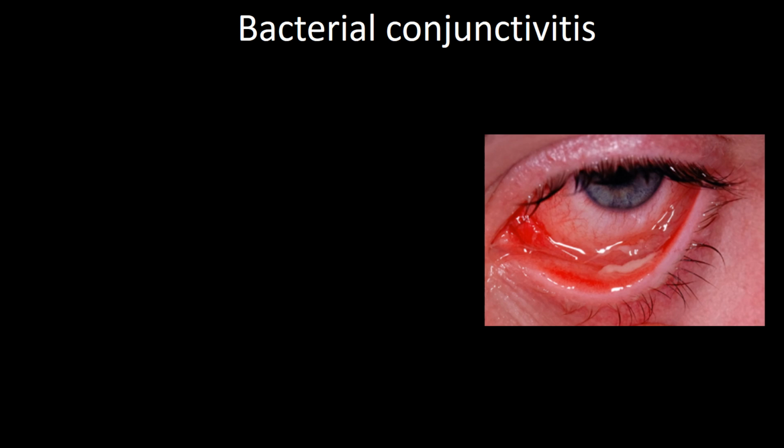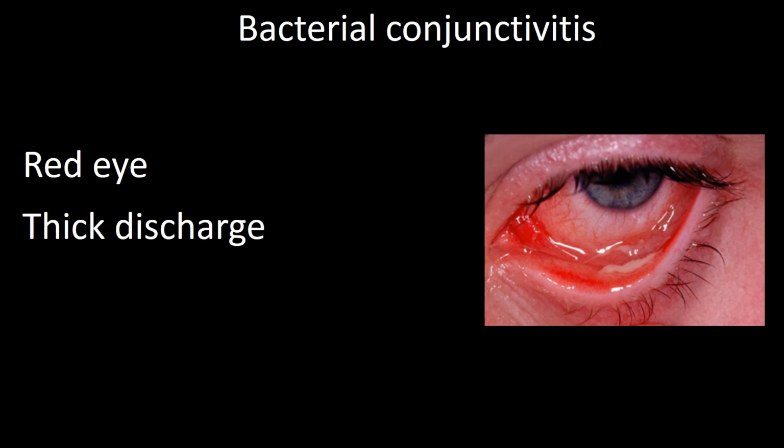This new photograph corresponds to bacterial conjunctivitis. Bacterial conjunctivitis is usually a benign condition but requires antibiotic treatment. The eye looks red, as you can see in this picture, but unlike viral conjunctivitis, thick discharge is usually present. This condition is not painful.